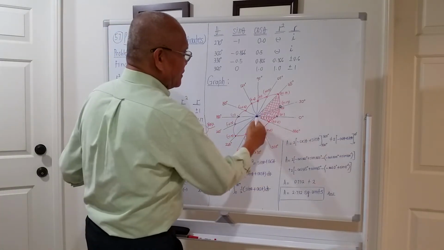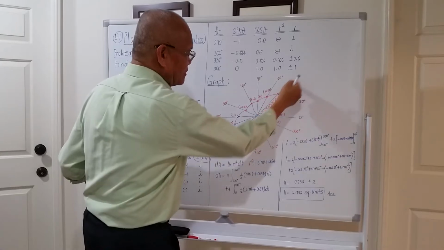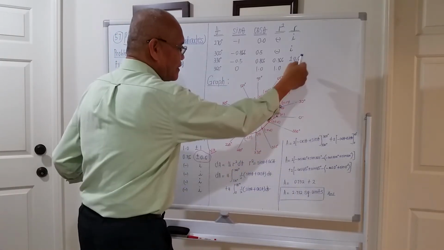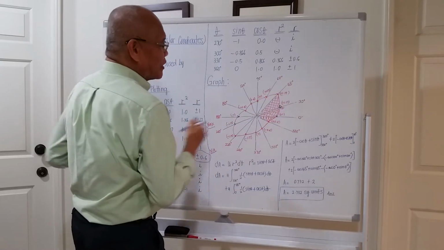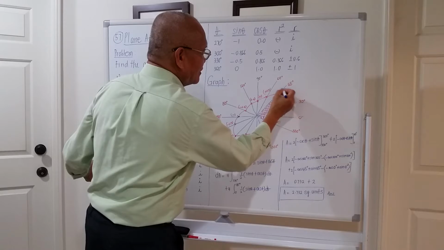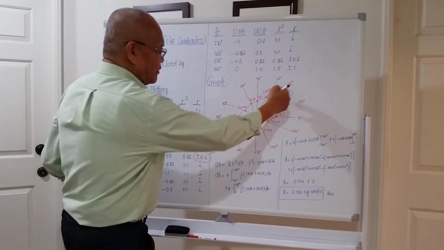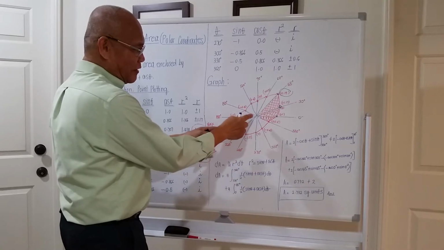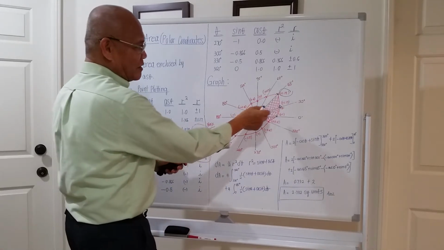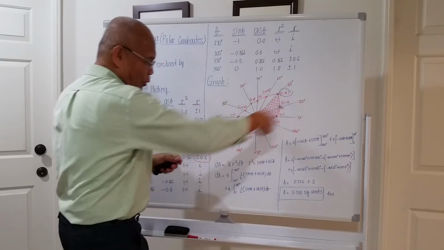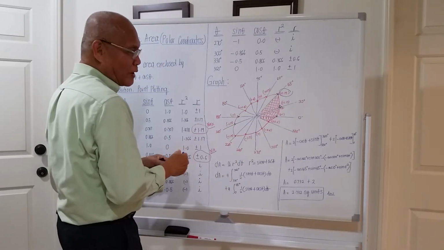0 degree, this is 45 degrees. Okay, so when theta is 45 degrees, the value of the radius is actually plus 1.19. The reverse of this, try to take the reverse equivalent, just extend this one going to the other quadrant.